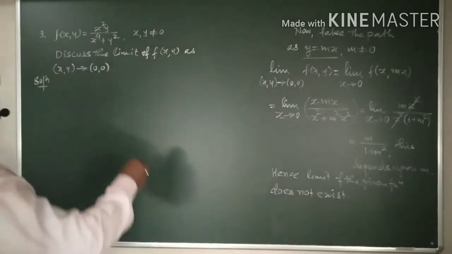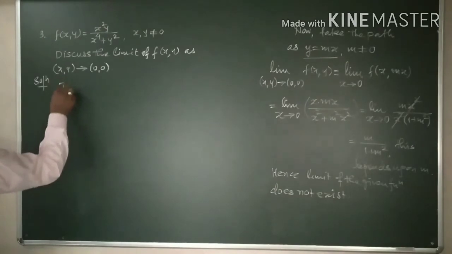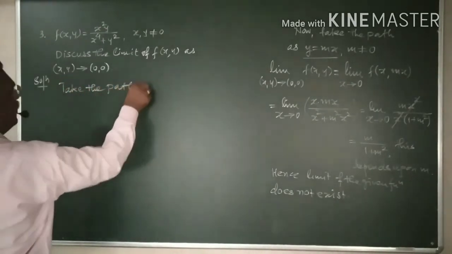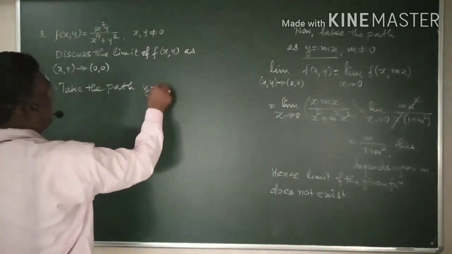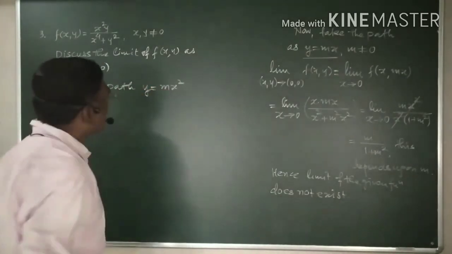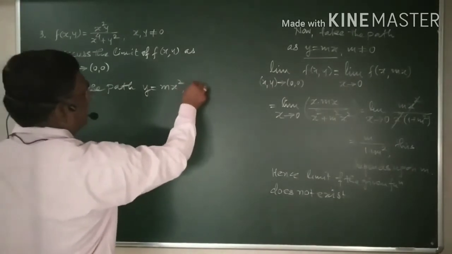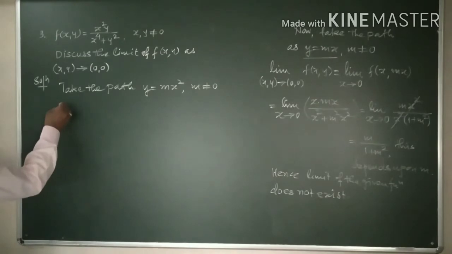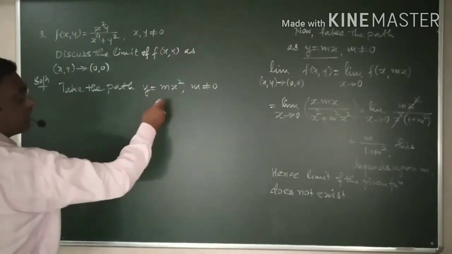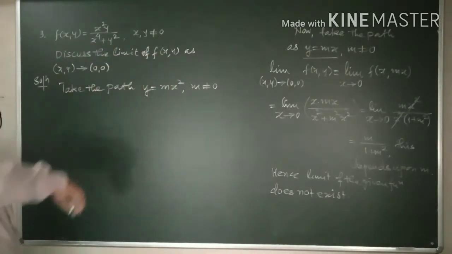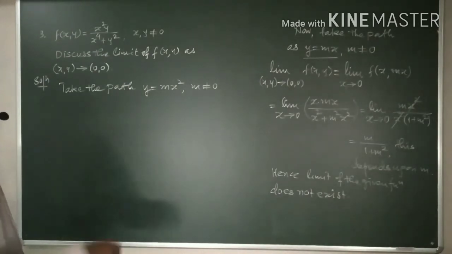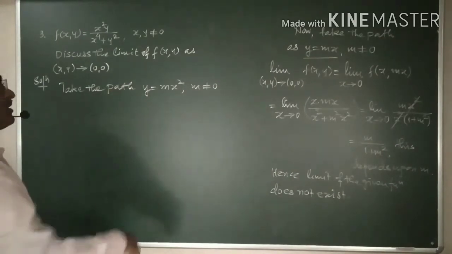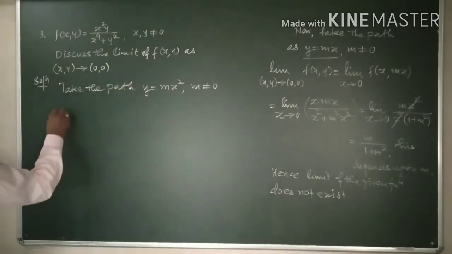Now let me take the path y is equal to m x square, where m is not equal to 0. Otherwise, if m is 0, then we will be on the x-axis again, and already that is 0.